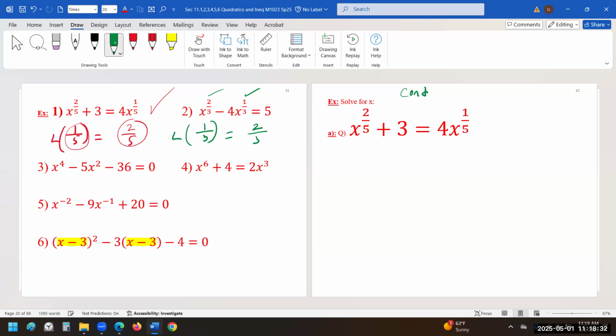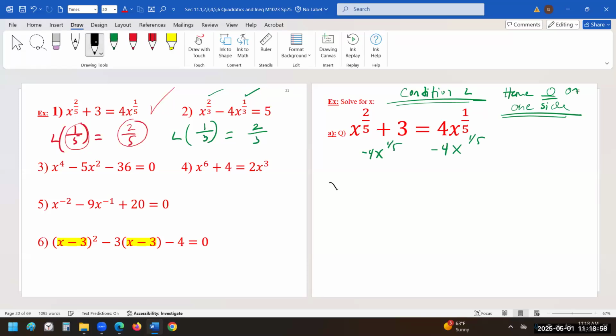Second condition. Have 0 on one side. So subtract 4x to the 1/5 from both sides, and we get x to the 2/5 minus 4x to the 1/5 plus 3 equals 0.